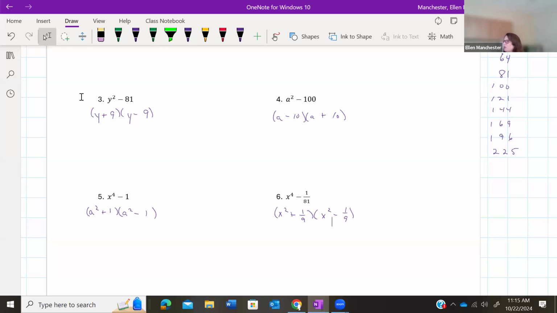So just basically all you're doing is you're square rooting each term, and then one's plus, one's minus, and that's it.